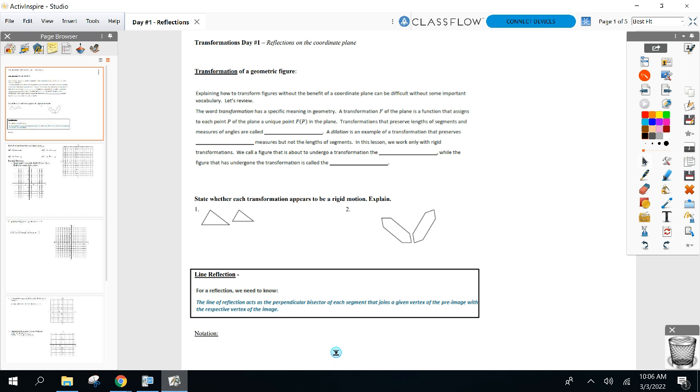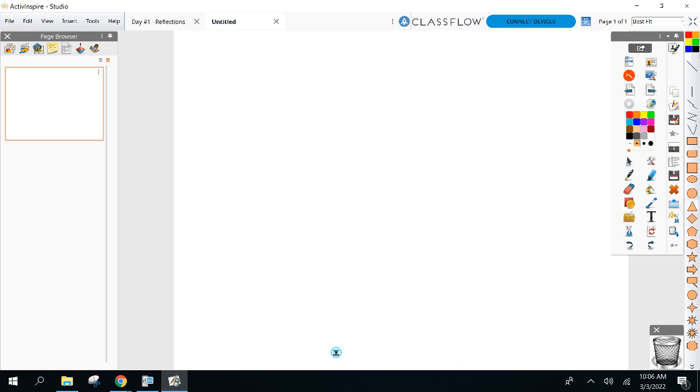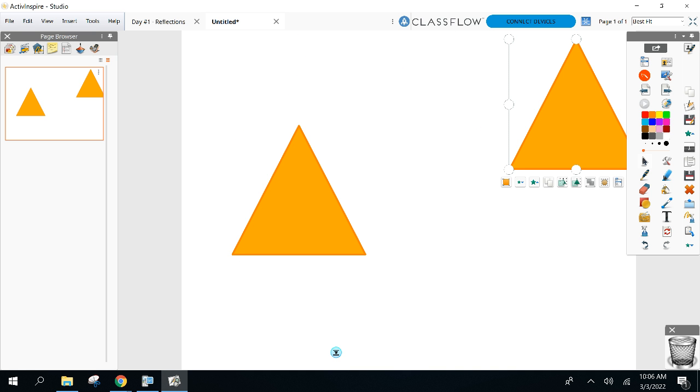When I take a figure, so for instance here, let me bring up a new chart. When I take a figure, so take my triangle, and maybe I slide it up, down, left, or right.